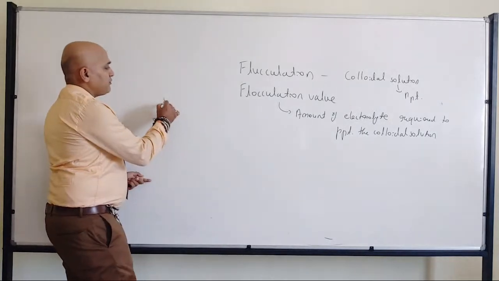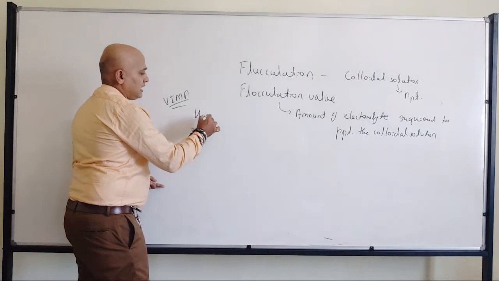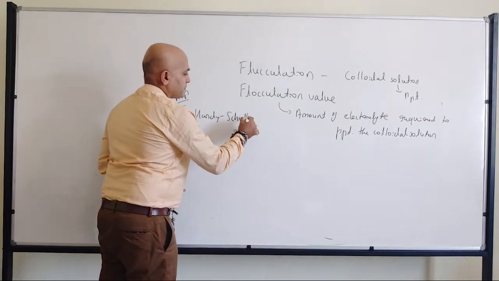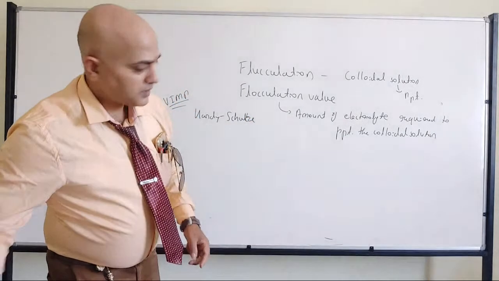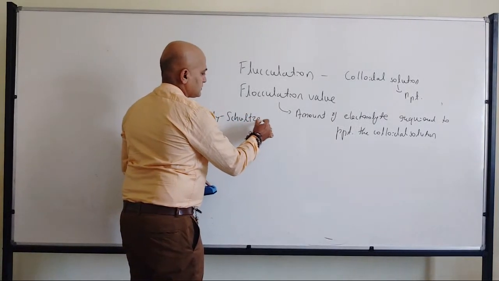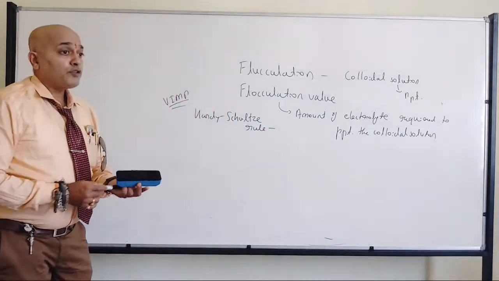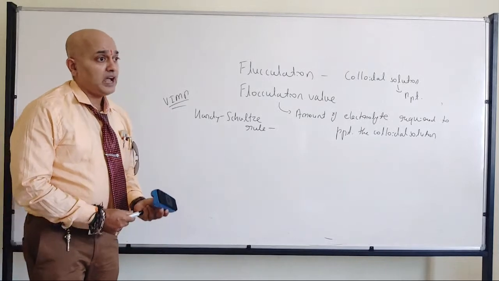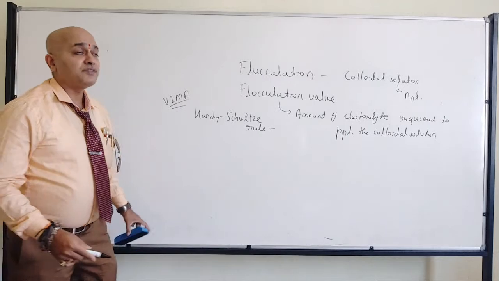Now we have an important rule, the Hardy-Schulze rule. It tells that the flocculation power of an electrolyte increases by increasing the valency of the electrolyte.